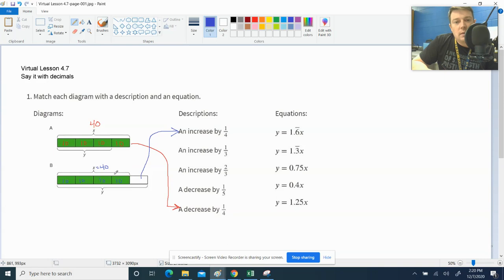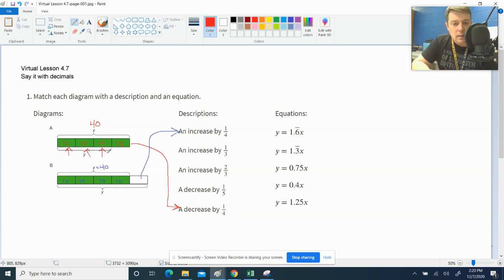Now to translate that into equations, what does that mean? What does that look like if we wrote that as an equation? The way that I like to think about these equations is I like to break down the fractional part and then convert it into its decimal equivalent. In terms of y, for the first one, the one where we decrease by a quarter, we have 1, 2, 3 of those quarters.